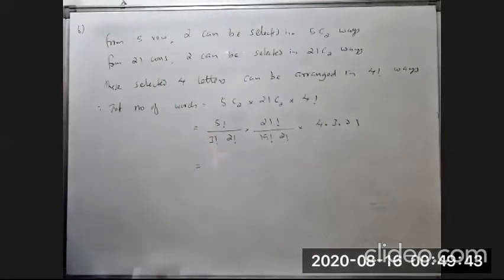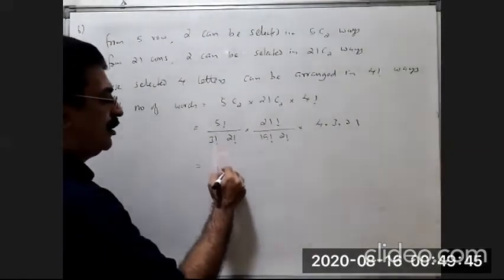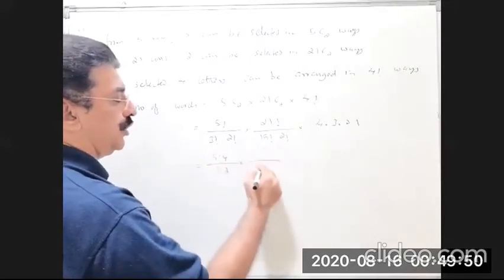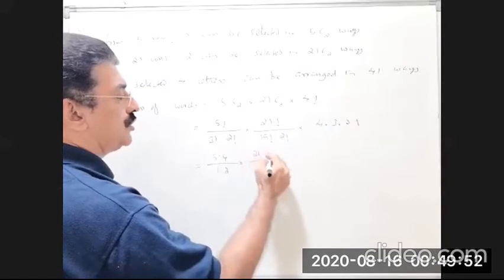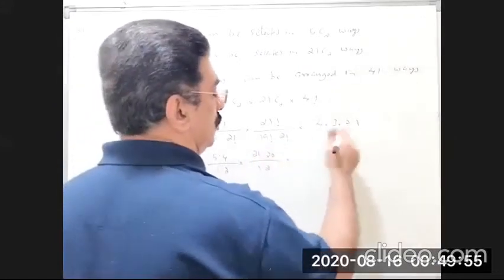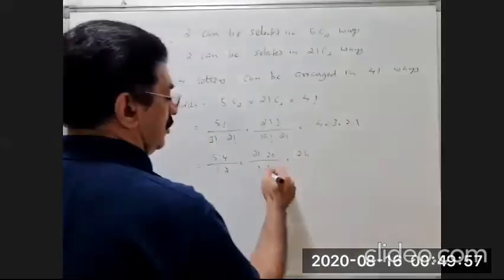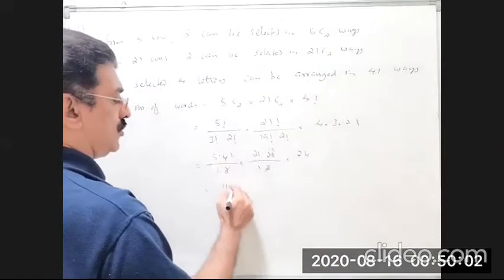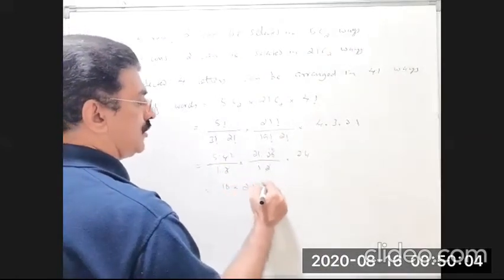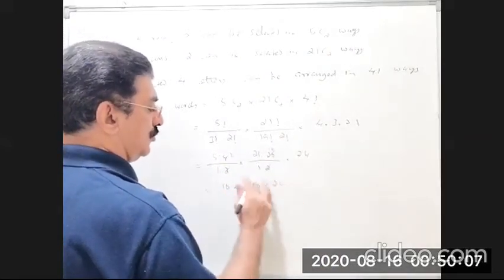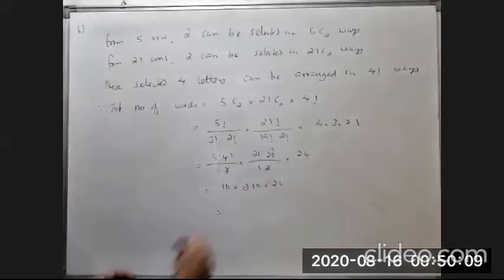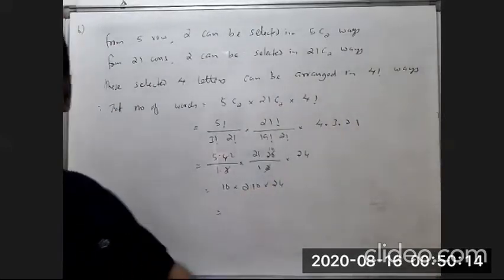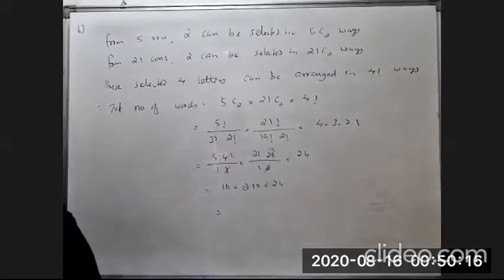Cancelling the smaller factorials, 5 into 4 by 1 into 2 is 10, and 21 into 20 by 1 into 2 is 210, times 24. Multiply 24 and 21, then put 2 zeros. That gives the answer.